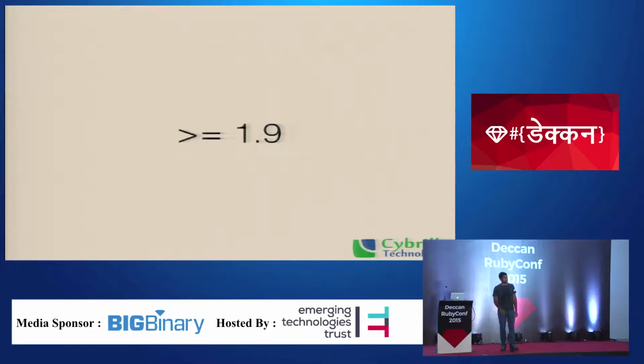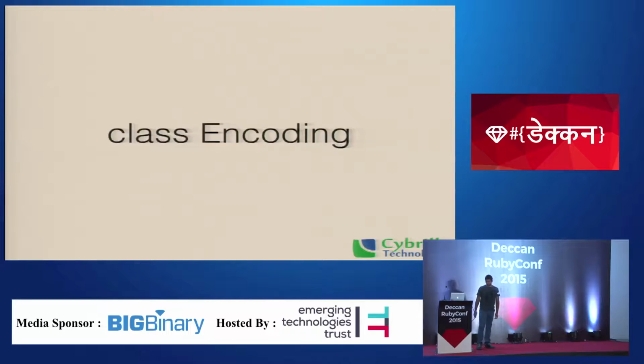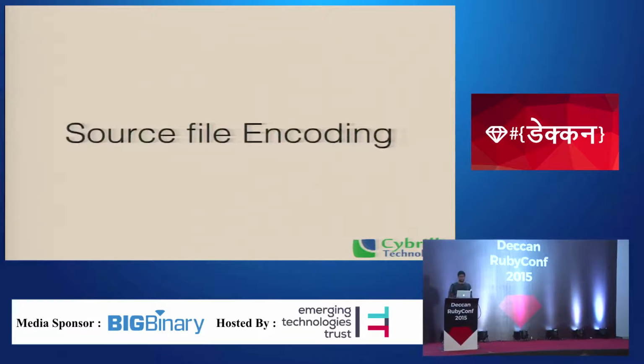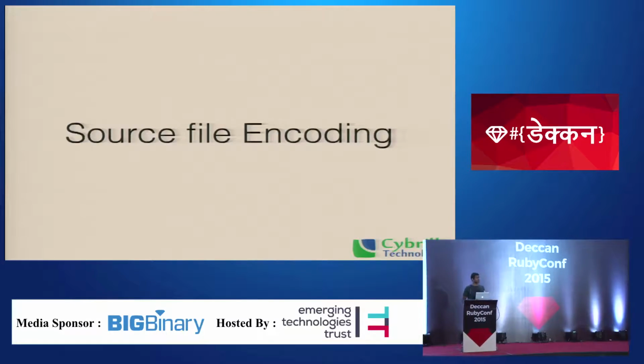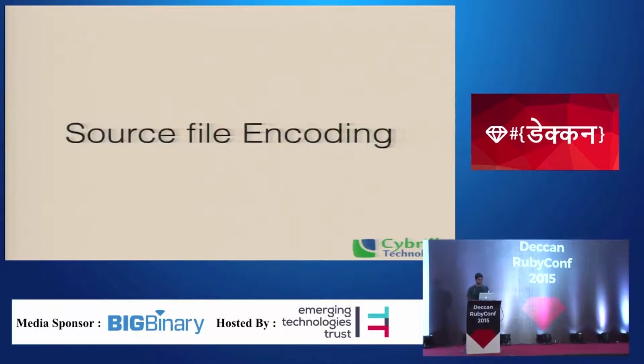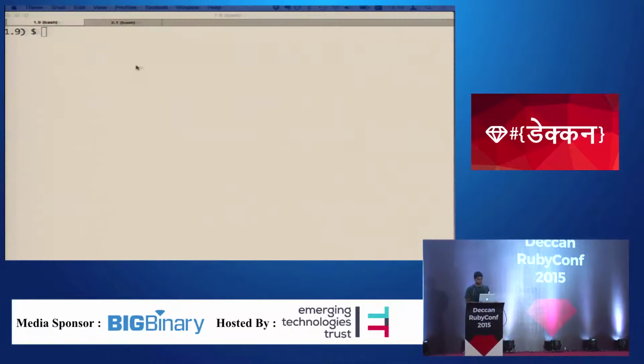But in Ruby 1.9, they've taken a different approach and started supporting character encodings very strongly, and they've done it a little differently compared to other languages. We'll understand that. We just need to know this class, which is the core class for all encoding related stuff in Ruby. The better way to understand it is to look at some programs and see how Ruby supports character encoding. So let's dive into it.